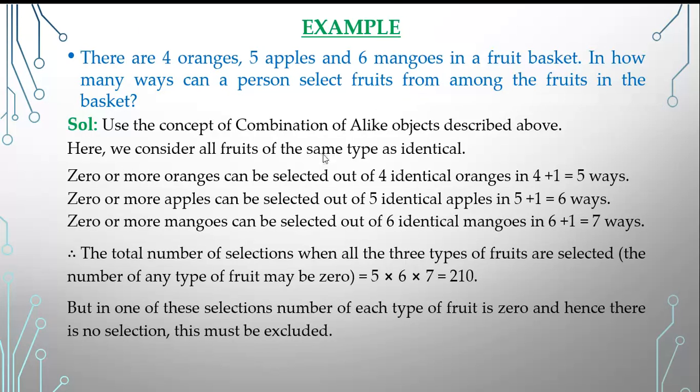So we subtract 1: 210 minus 1 equals 209. So in total we have 209 ways to select fruits from the alike fruits.